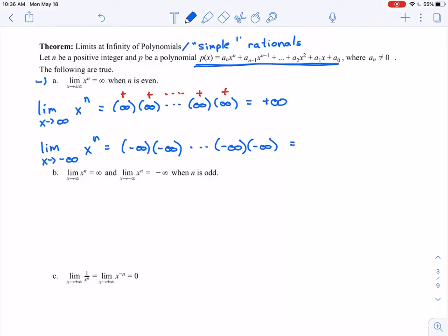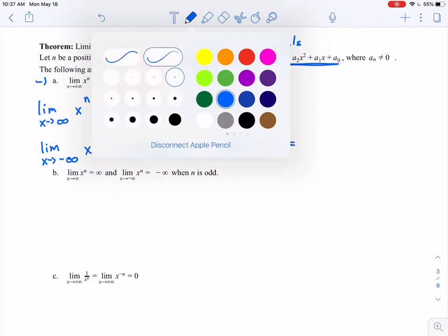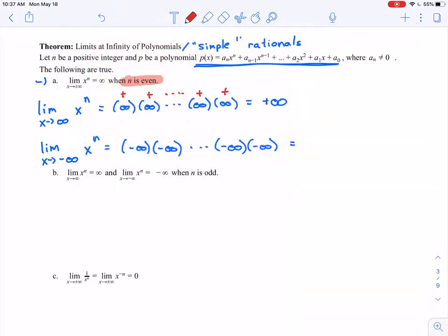So here we want to be careful, because now we need to worry about these negative signs. But the key part of this is that n is even. That's what we want to keep in mind. So when it comes to dealing with this, I know I can divide each of these by 2. I can pair up these negative infinities, and say, well, a negative times a negative, when I take those two together, that's going to give me a positive.